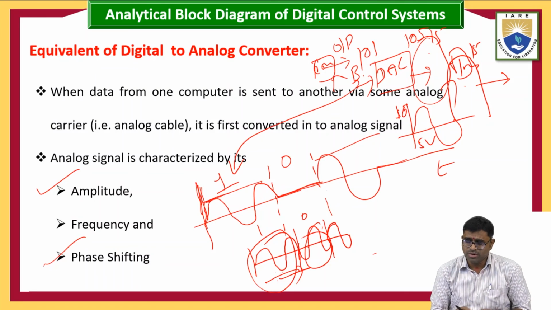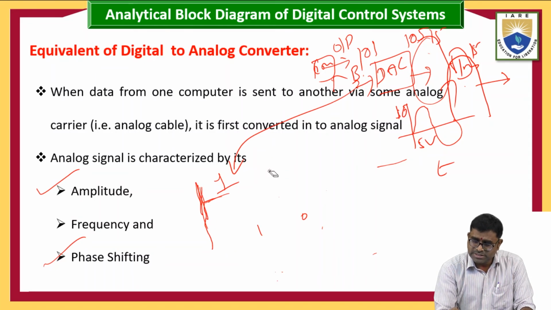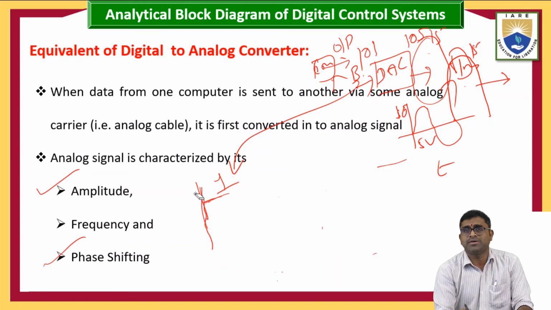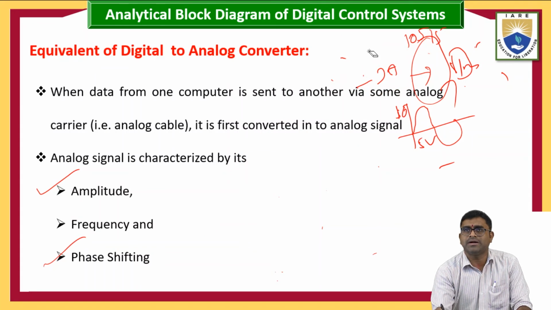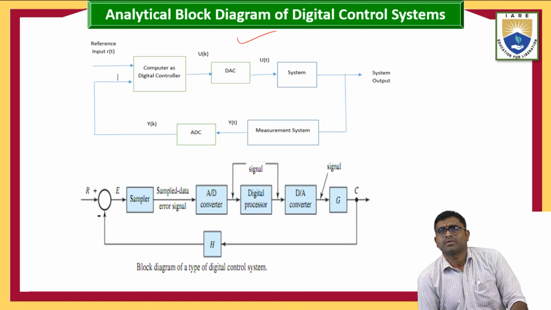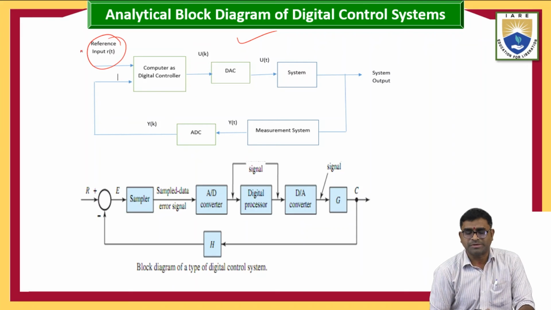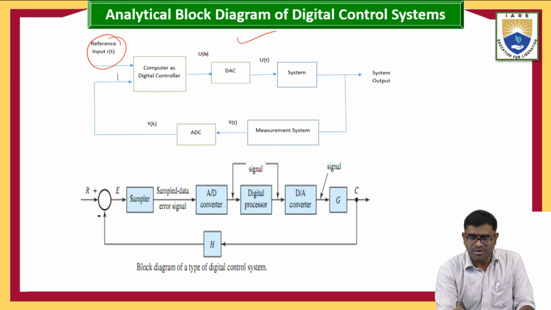Now I am going to take the total analytical block diagram of the digital control system. The upper one is the block diagram of the digital control system. In yesterday's class, I represented that the input is R of t with respect to time. The output is U of k.